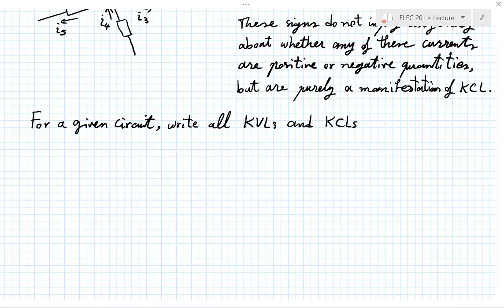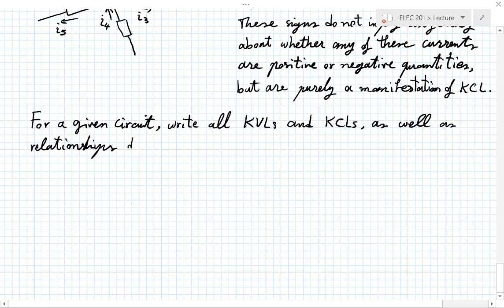For instance, for a resistor, you have V equals RI, Ohm's law. So these, as well as relationships defining each element. Once you do this, you will have enough equations to find all the voltages and currents. Guaranteed.